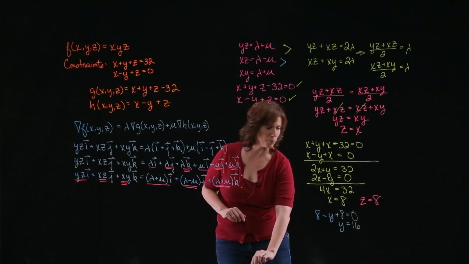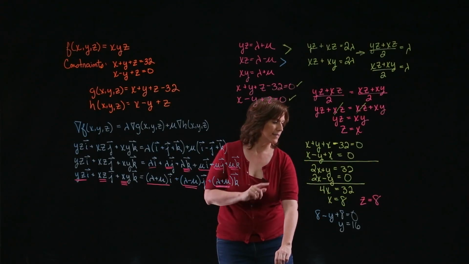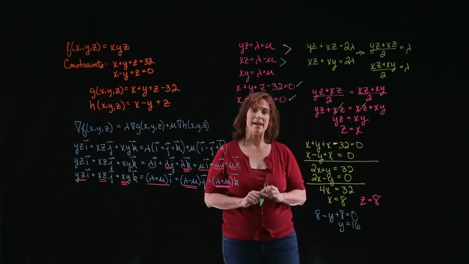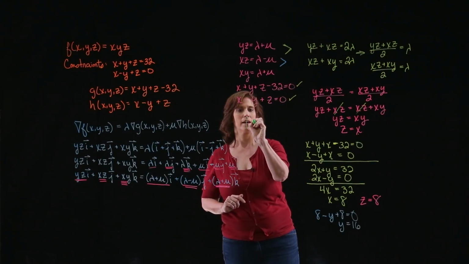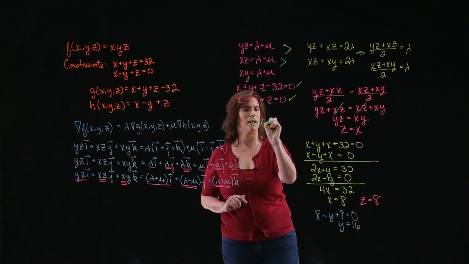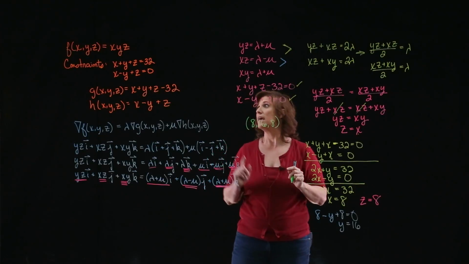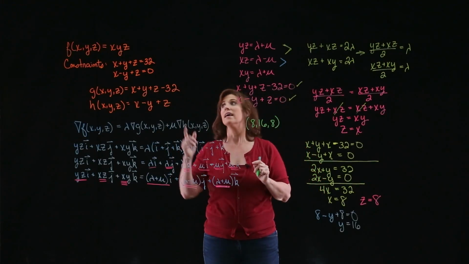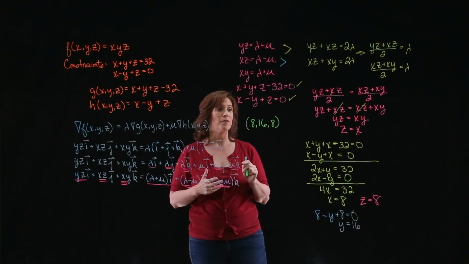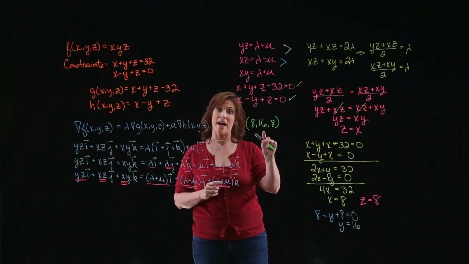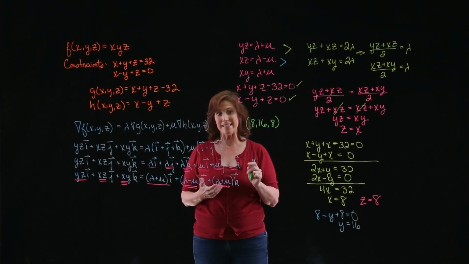So I have the point (8, 16, 8) as my possible maximum. Now, if you take a look at this, this particular function won't have a minimum, so this is where the maximum will occur. So what is that maximum?